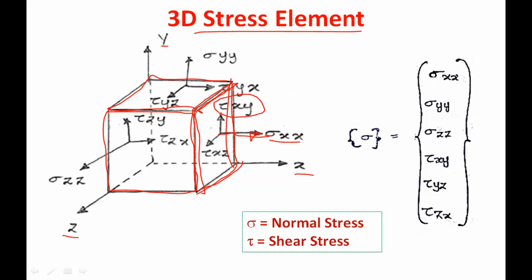Tangential stress or shear stress. In this case, we are using the Cartesian coordinate system x, y, z. With respect to the x plane, there will be only one normal stress perpendicular to this plane, sigma xx. Then there will be two shear stress for the y direction as well as z direction. There will be two components of shear stress.